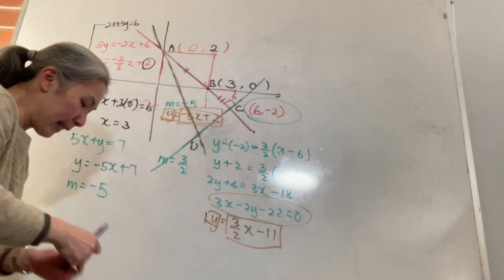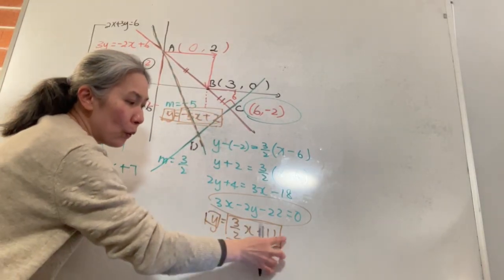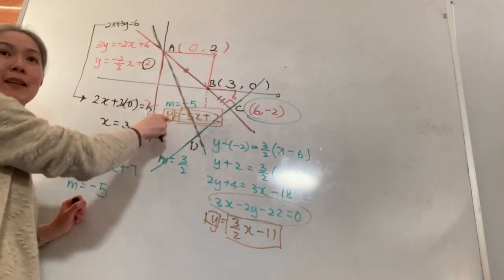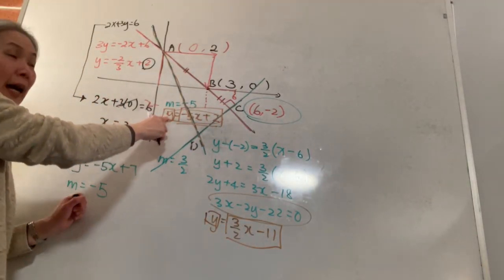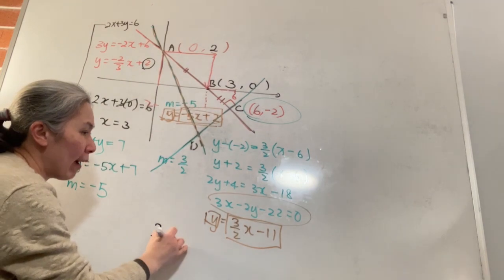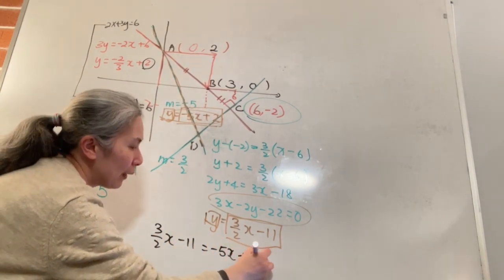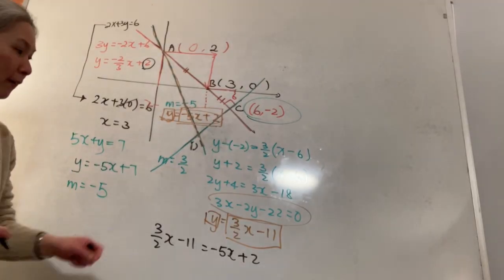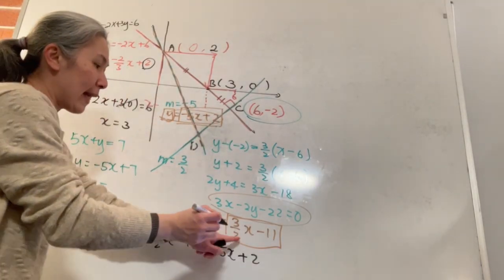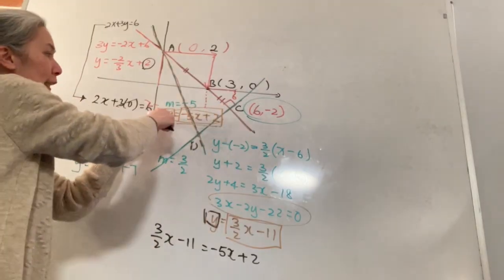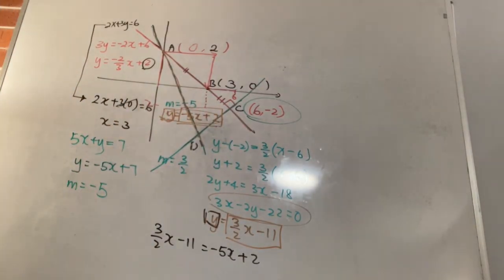So I can chuck this whole thing into here, because this is a y. I can say 3 on 2x minus 11 should equal minus 5x plus 2, because this thing has to be the same as that one. I just drop it in.